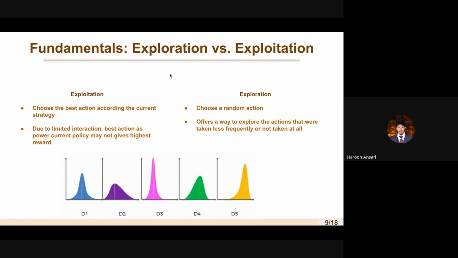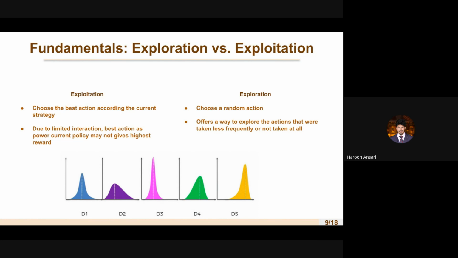So in RL algorithms, what we do is, 99% of the time we exploit, meaning we take the action that is best according to our policy, and 1% of the time we do exploration. So once in every 100 or once in every 1,000 steps, we try to take an action that we have not taken yet, and we see the reward.